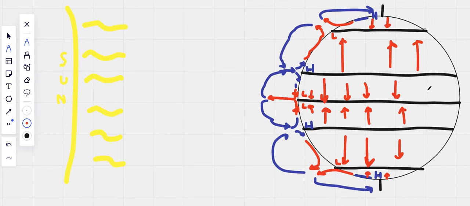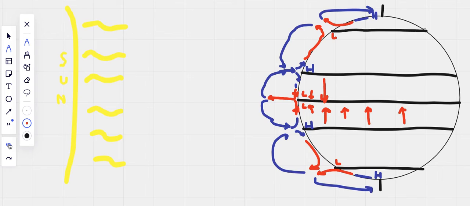Now our Earth is going to be rotating counterclockwise. That means it's going to be rotating this way underneath these winds. So I'm going to take all my winds out. Bye-bye winds. And draw in what they should look like due to the Coriolis effect, the rotation of the Earth.